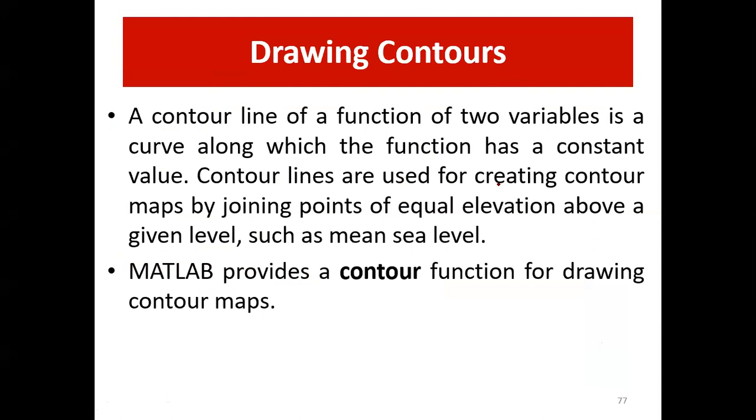Contour lines are used for creating contour maps by joining points of equal elevation above a given level, that means mean sea level. MATLAB also provides the contour function. That function we can utilize to draw it.